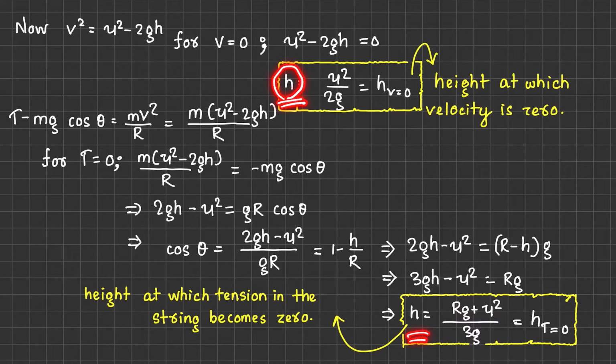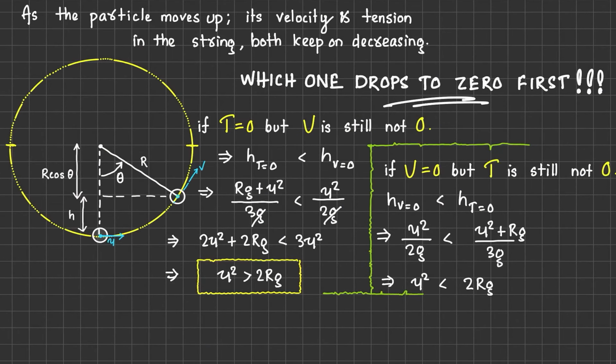If velocity becomes 0 first, that means h at v equals 0 is attained first, because when velocity becomes 0, tension is still not 0. So we will use this concept and find out the condition when velocity will be 0 or when tension will be 0.